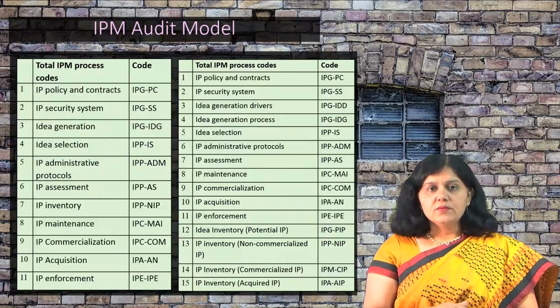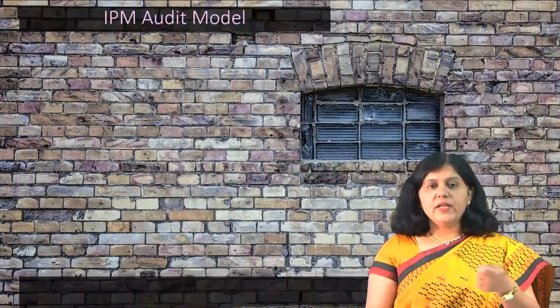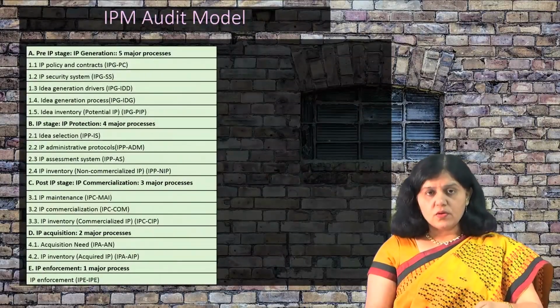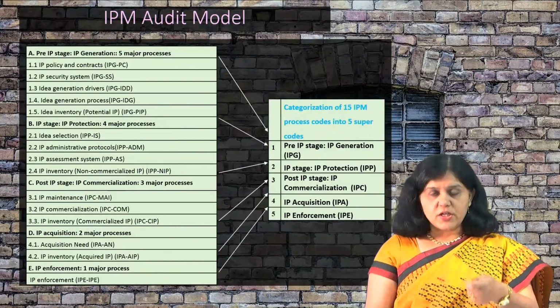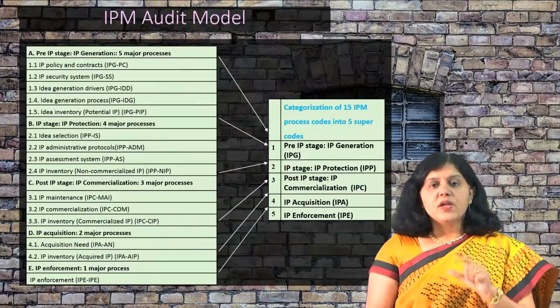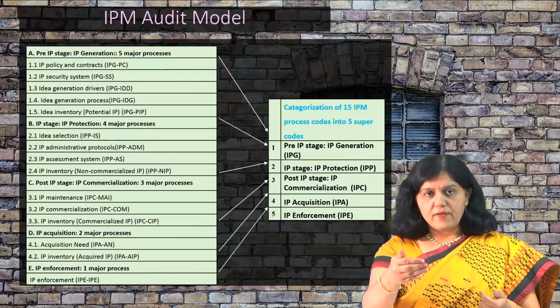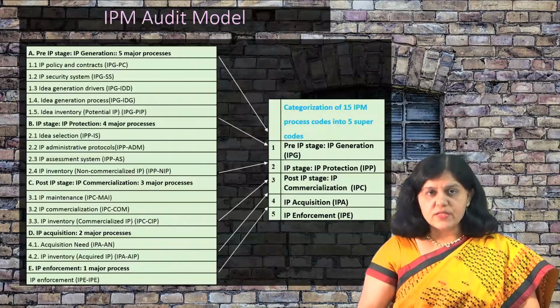Now, the next thing you are seeing is how those 15 codes we just shared with you are clubbed together to make 5 super codes. As I have already told you, these are the 5 stages.